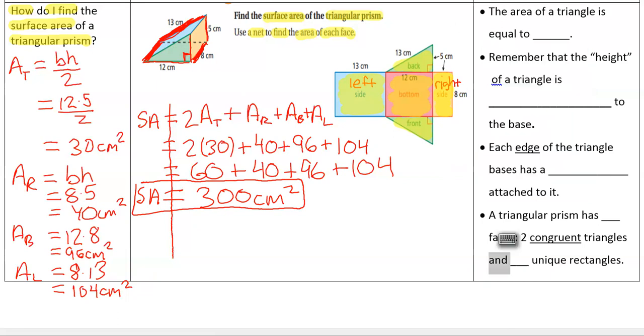Okay, let's get rid of the calculator. And the area of a triangle is equal to BH divided by 2. Remember that the height of a triangle is blank to the base. Starts with a P. Perpendicular.